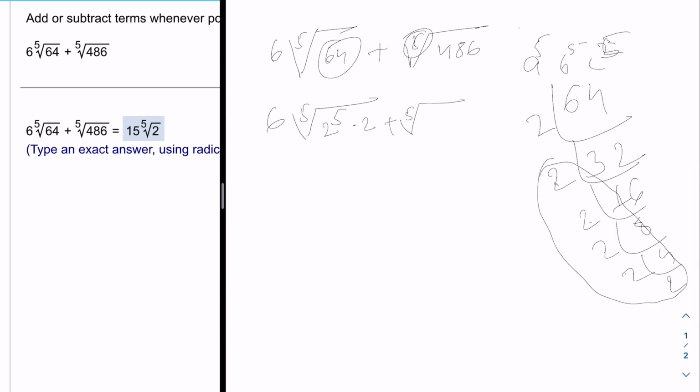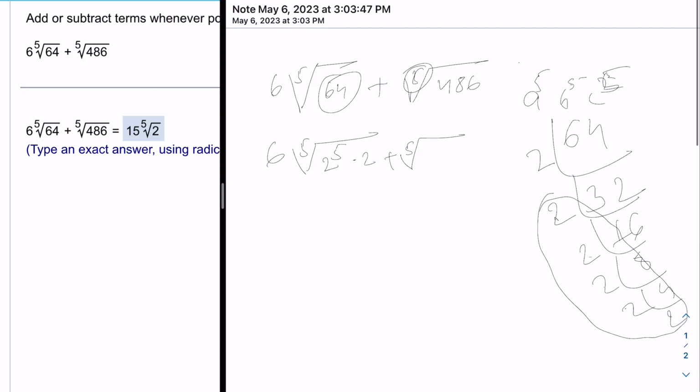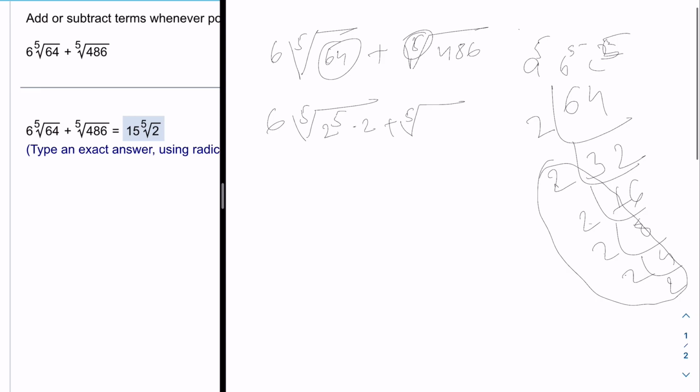The other term will be 486. So we can divide 486 by 2, that means 243.